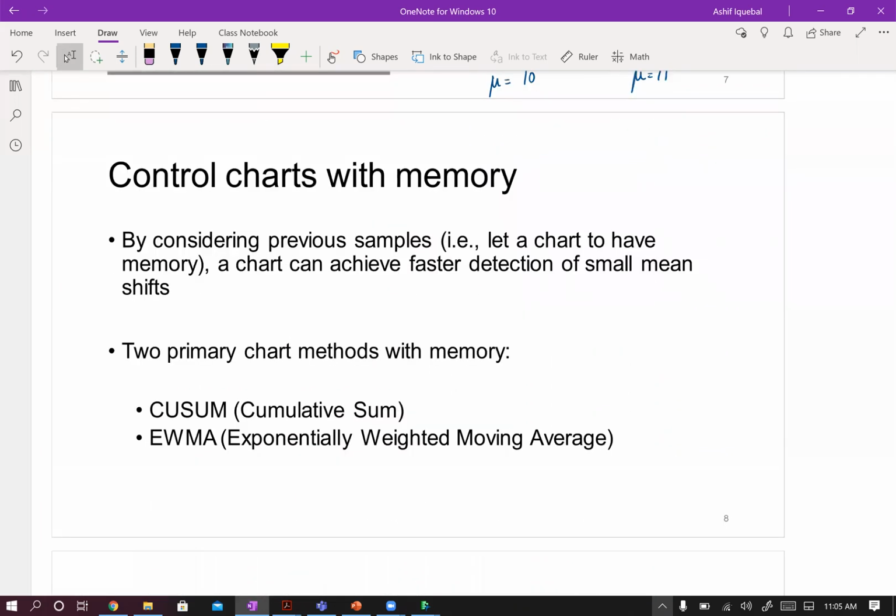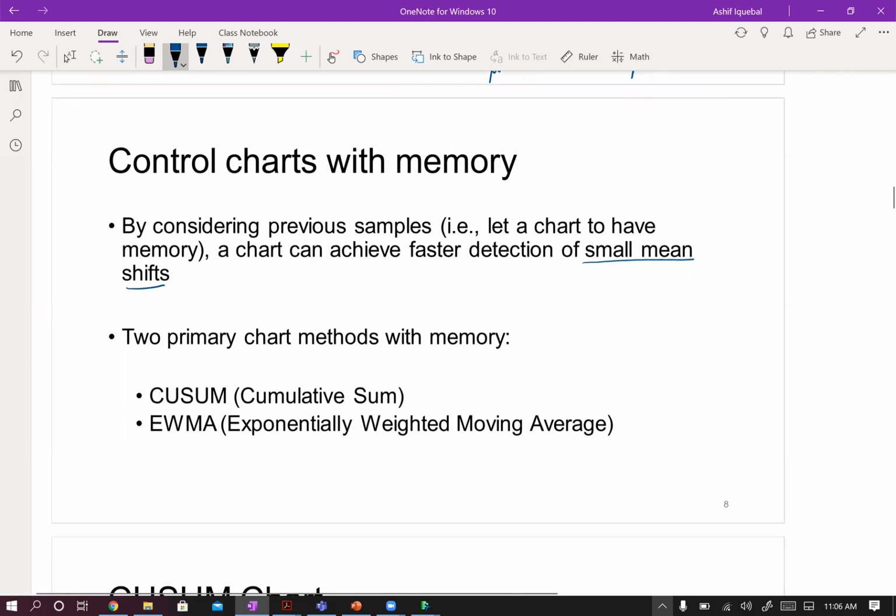So what we have done here is, by considering previous samples, that is, letting a chart have memory, a chart can achieve faster detection of small mean shifts. If there is a very small mean shift, like 1 sigma or 0.5 sigma, we can detect those changes very fast. And there are primarily two methods.